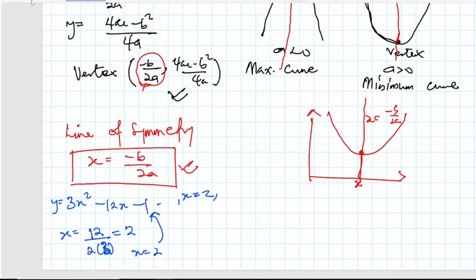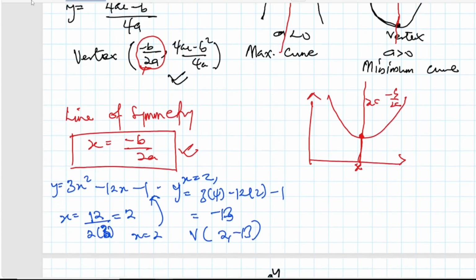For x equal to 2, y is equal to 3 times 4, that's 2 squared, minus 12 times 2, minus 1. And that is supposed to give us negative 13. That means our vertex or our turning point is (2, negative 13). And that is our turning point.